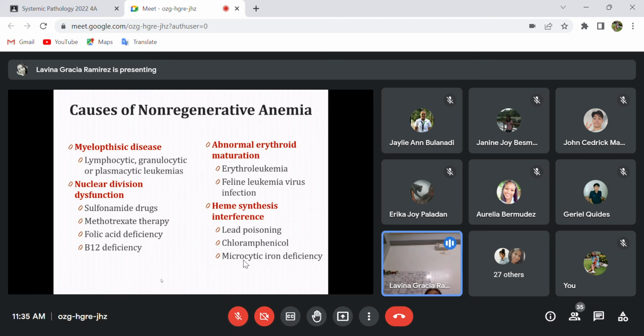And of course, the microcytic iron deficiency anemia because of the iron deficiency. So your iron, the ferrous, is incorporated firmly in heme production and in erythrocyte activity. That's why if there is deficient iron, it will affect the hemoglobin concentration and at the same time the size of the erythrocyte. So we will have a microcytic hypochromic type of anemia.